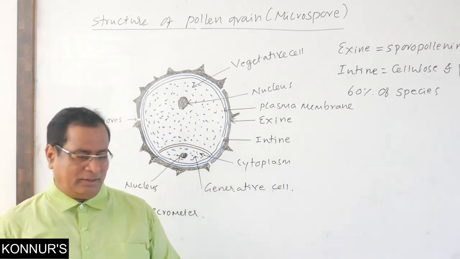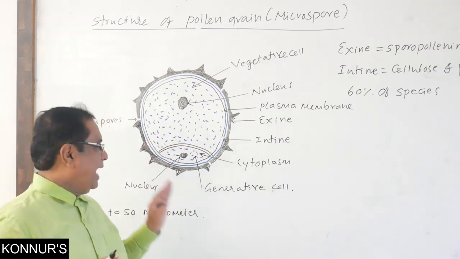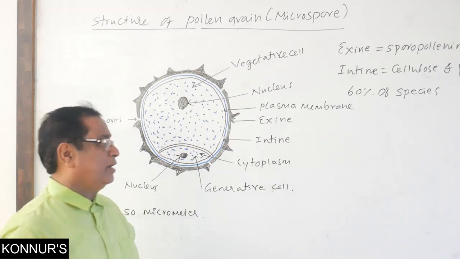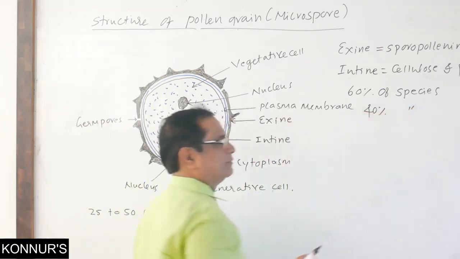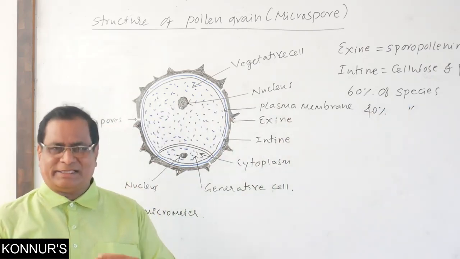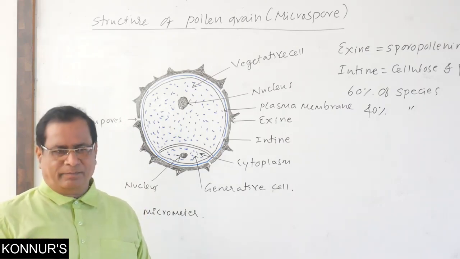When they are released, they have two cells: one vegetative cell, another generative cell. But in the remaining 40% of species, the pollen grain is shed or discharged in a three-celled stage.